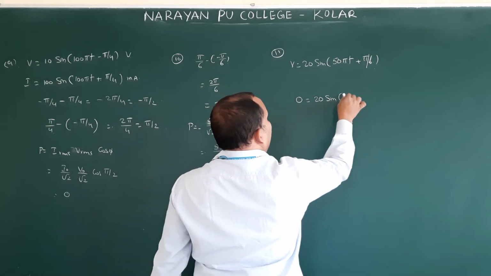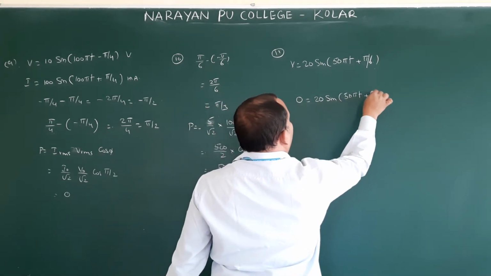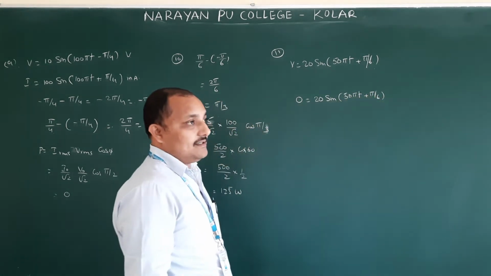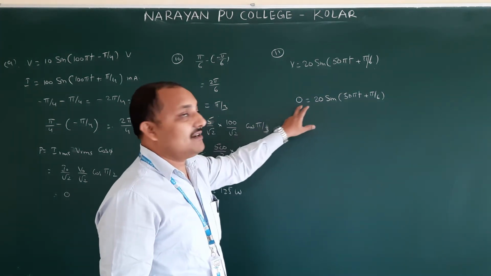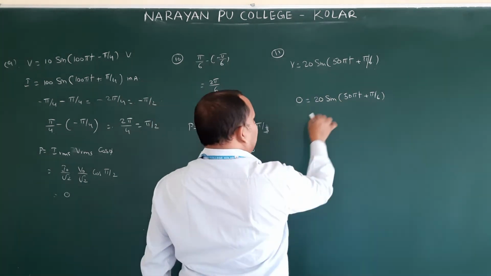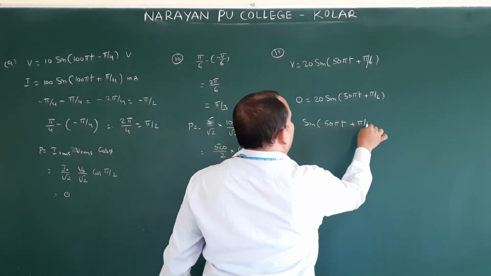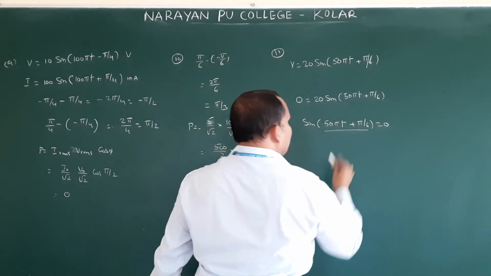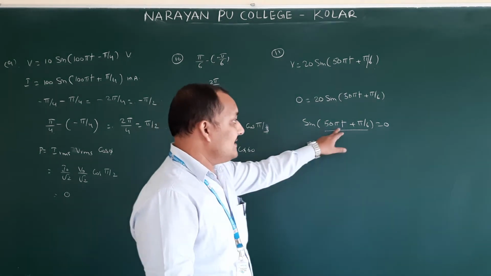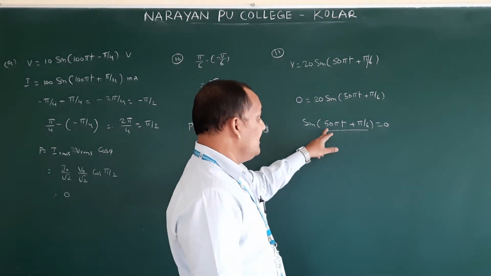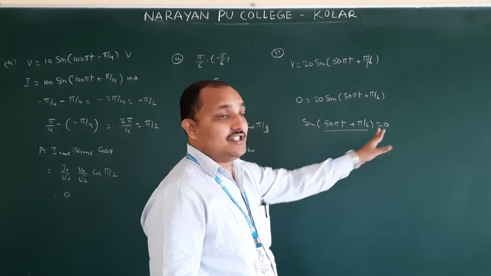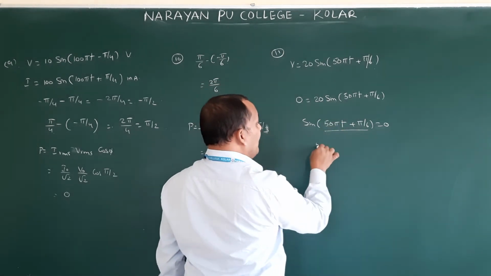20 sin(50πt + π/6) is going to be 0. Then 0 by 20 is 0. Then sin(50πt + π/6) is 0. Sin of this angle is going to become 0, because sin 0 is 0. Therefore, this total value is going to become 0.